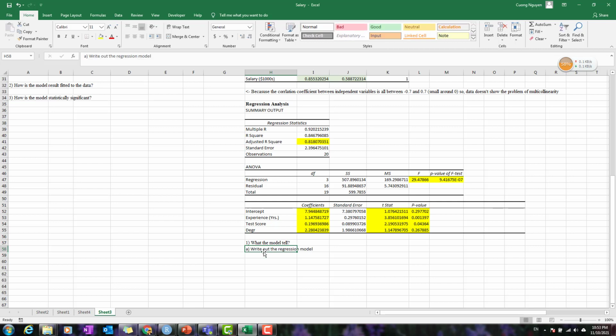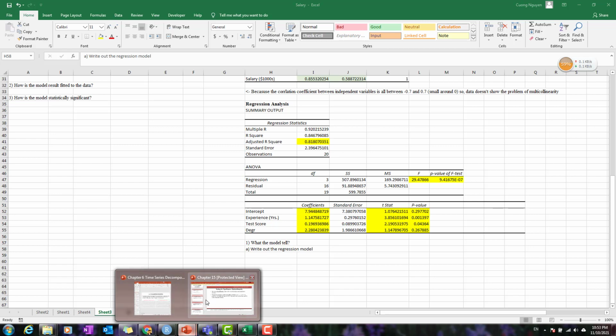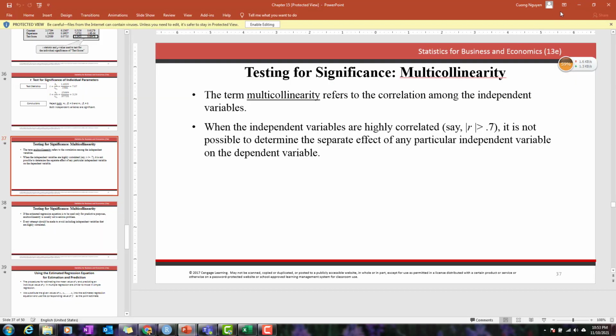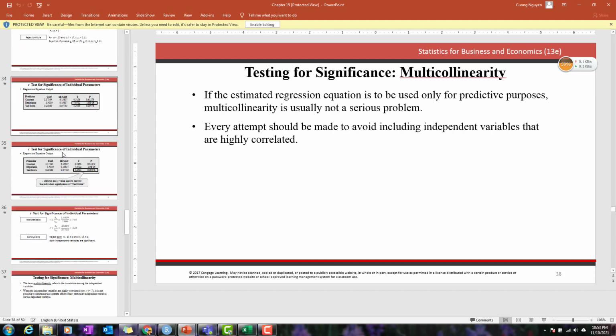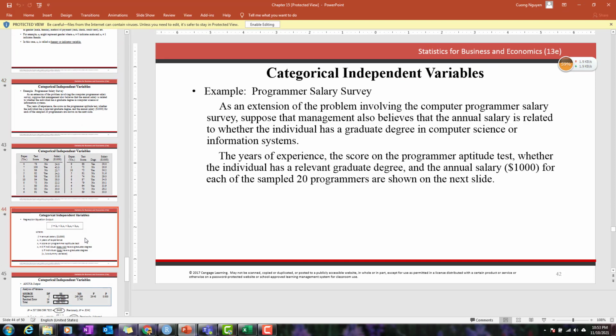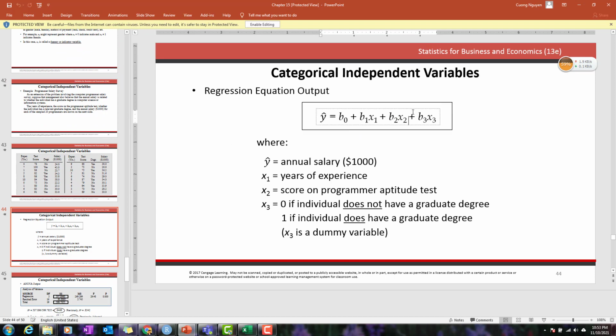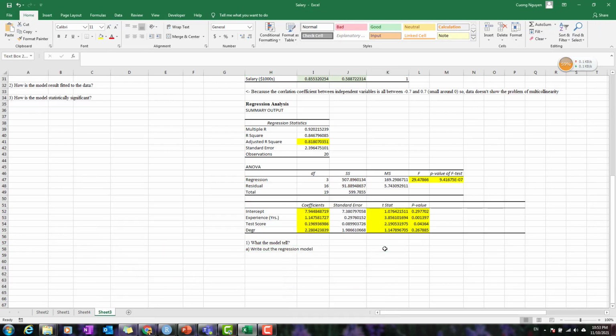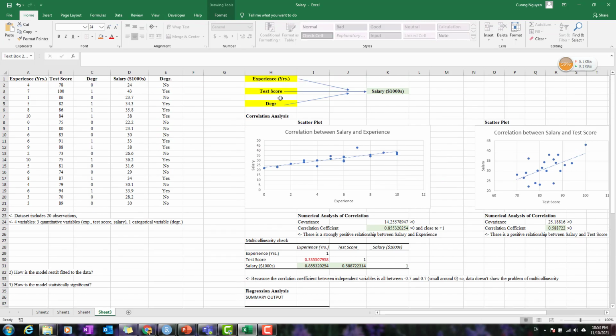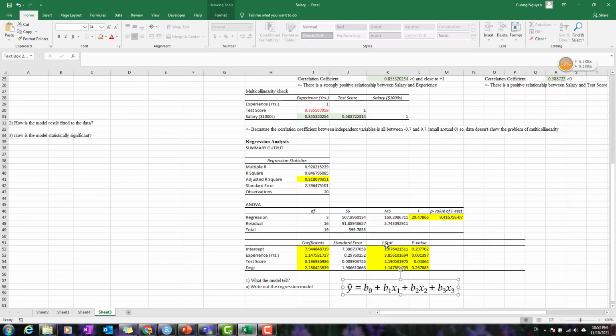Remember about the model, what it looks like. The data itself should look something like this, right? So this would be the model. The model between the three variables, experience, test score, and degree, that have an impact on the salary.